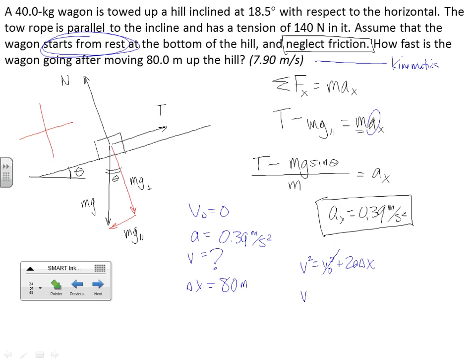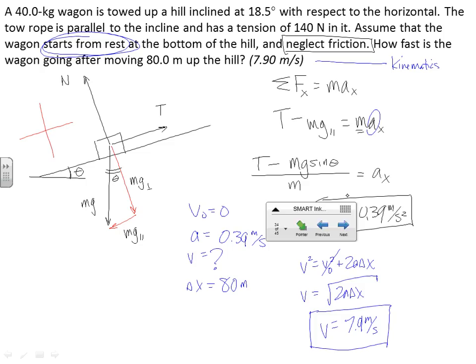V naught goes away, so it's 2a delta x. Force of habit from Regents, Vf. We just call it V. V is the square root of 0.39 times 2 times 80, which is 7.9 meters per second. Fair enough? That's a pretty straightforward one.